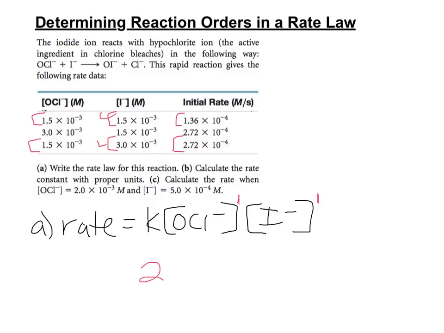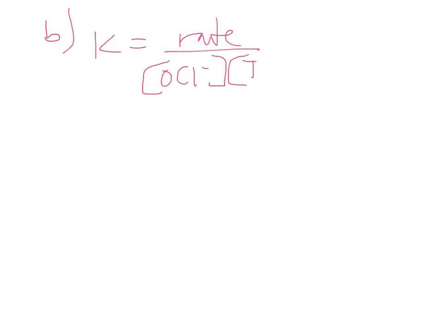Now the second question is, calculate the rate constant with proper units. For B, k can be calculated using the following equation. If I rearrange the rate law equation, k equals the rate divided by the concentration of OCl minus times the concentration of I minus. Now if I fill in the blanks here, k equals the rate. I can choose any rate from the information given in the problem.